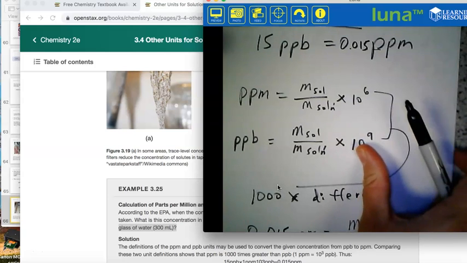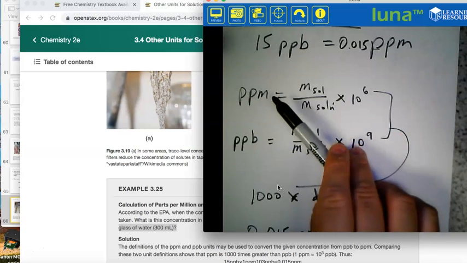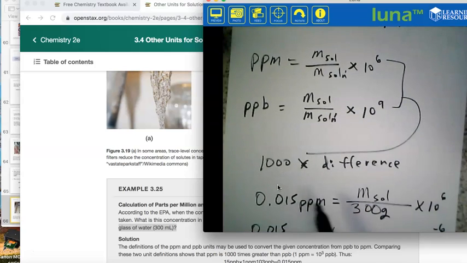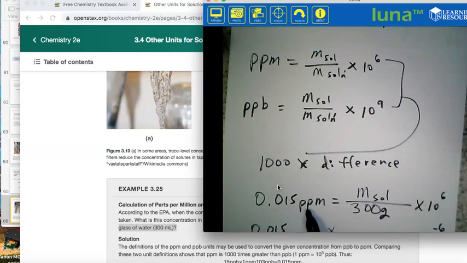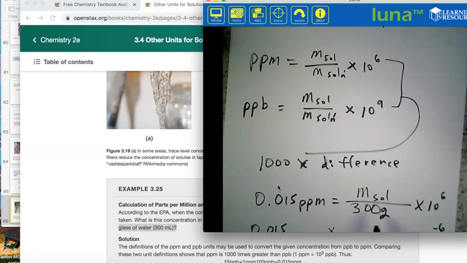So I'm going to substitute in my parts per million concentration, which is 0.015. I did that here. And then the mass of the solute, that's my lead. I don't know that, so that's just an unknown variable. And then the mass of the solution is 300 grams. How did I get 300 grams?